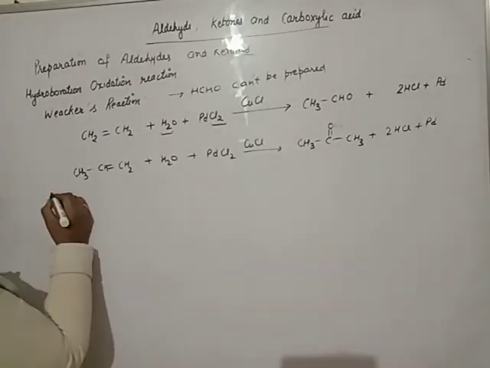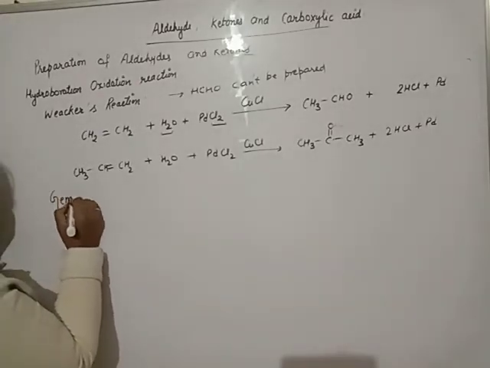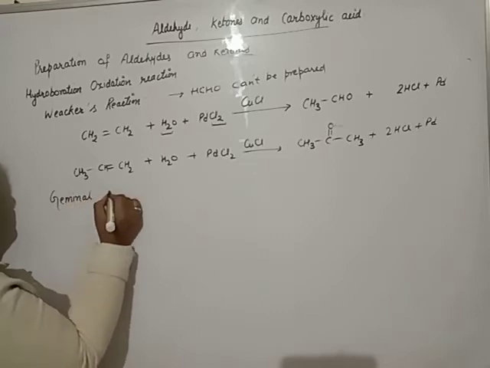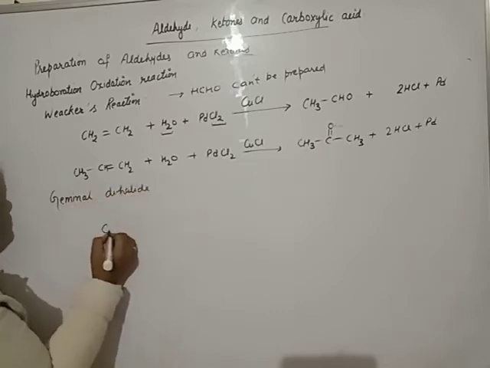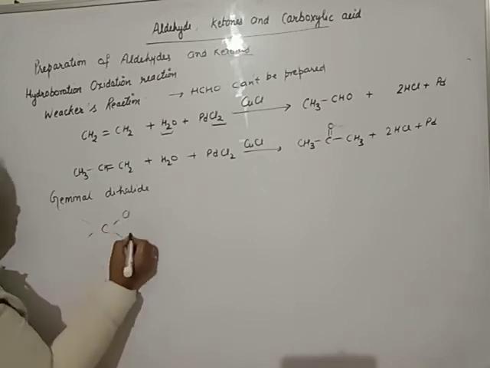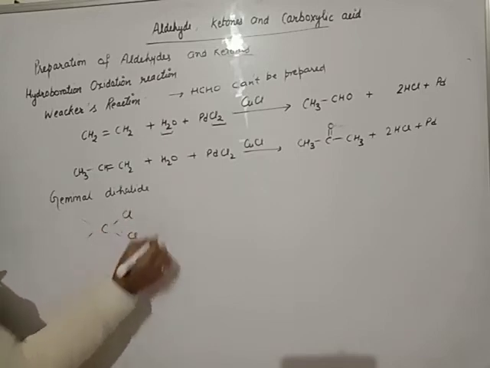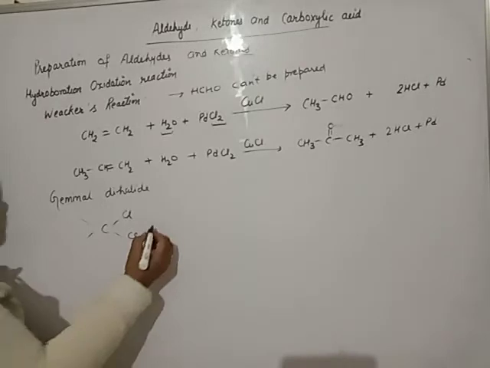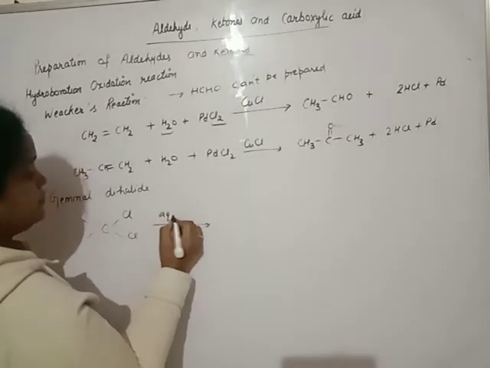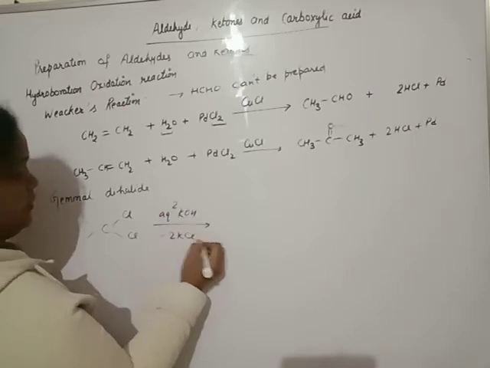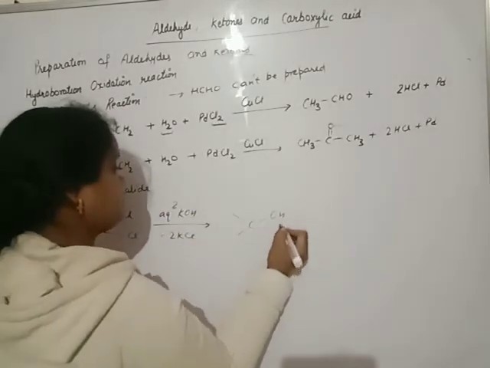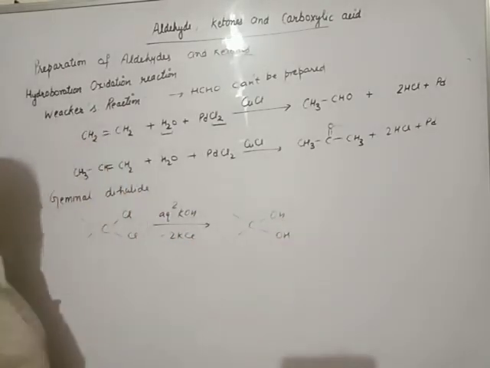Another one is the geminal dihalides. Geminal dihalide means halogens present on the same carbon. On reaction with aqueous alkali, 2 moles, 2 KCl will be removed and we will get this one.